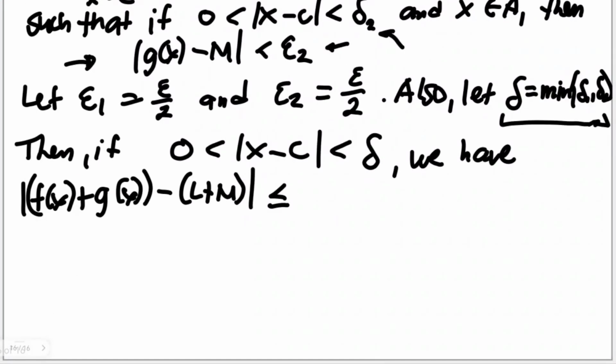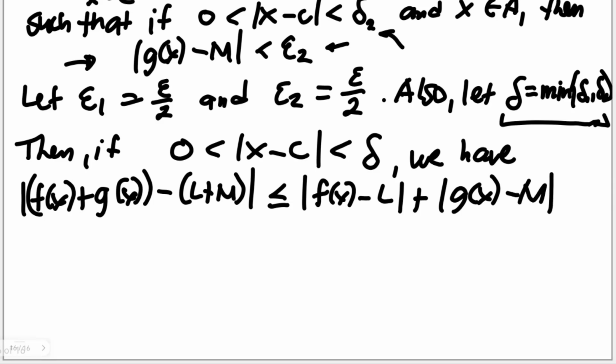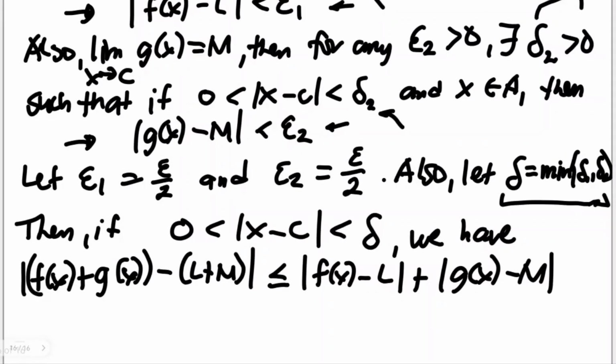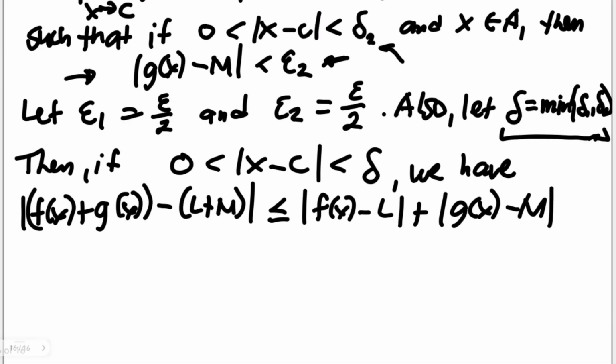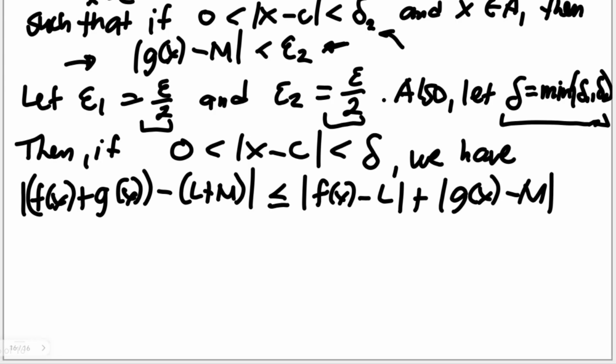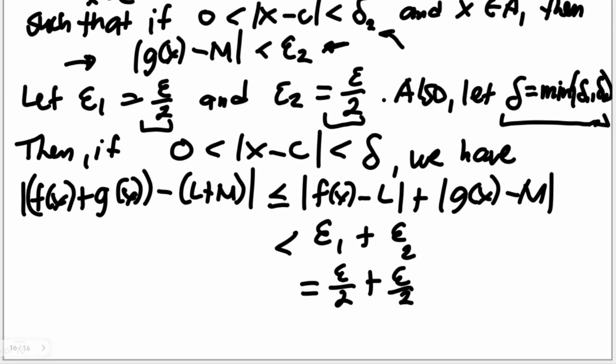By the triangle inequality, we have f of x minus L plus g of x minus M. Then we were able to emphasize earlier that this is less than epsilon sub 1 plus epsilon sub 2, which is represented by epsilon over 2 plus epsilon over 2, which is equal to simply epsilon.